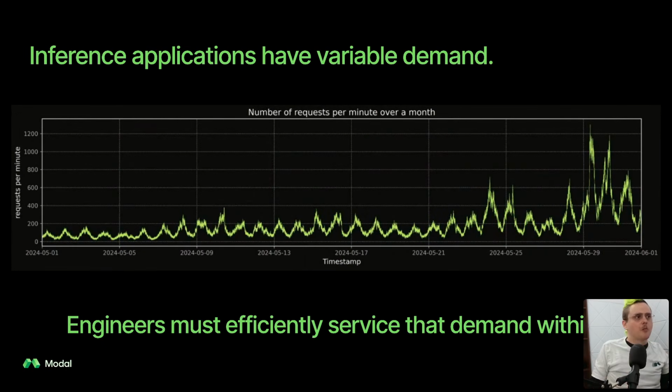And this is particularly important for inference applications, which have much less predictable, more variable demand than training. And inference applications demand much more expensive, much more complex hardware setups than a previous generation of highly variable applications.